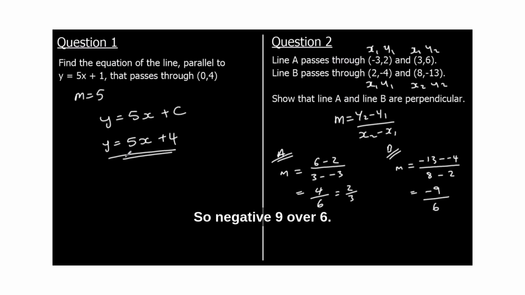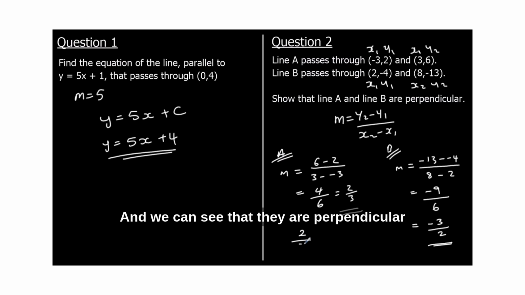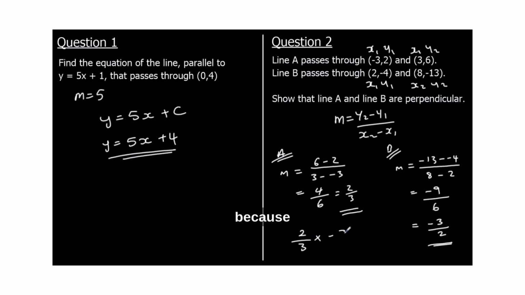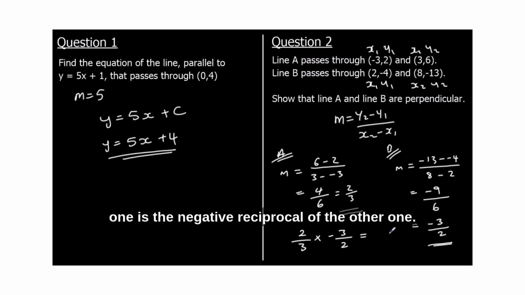So negative 9 over 6. They're both in the 3 times table. So that's negative 3 over 2. And we've got our 2 gradients, and we can see that they are perpendicular because one is the negative reciprocal of the other one, or they multiply to make negative 1.